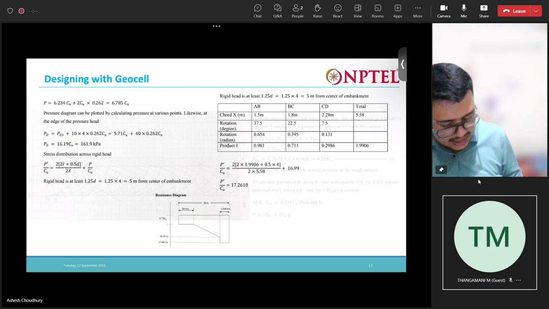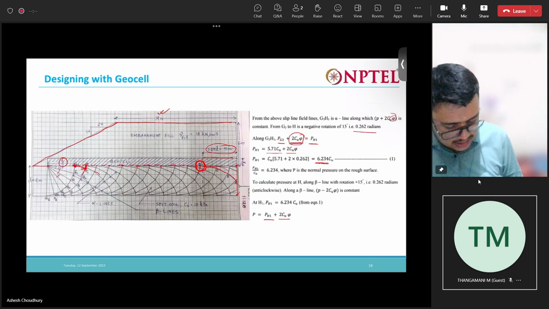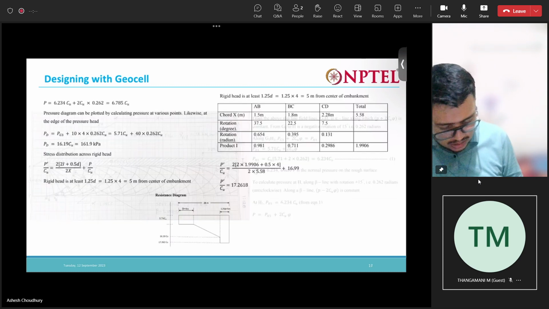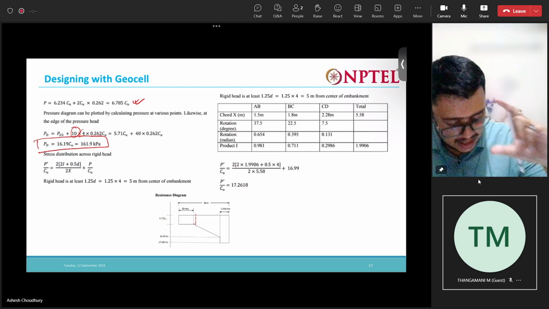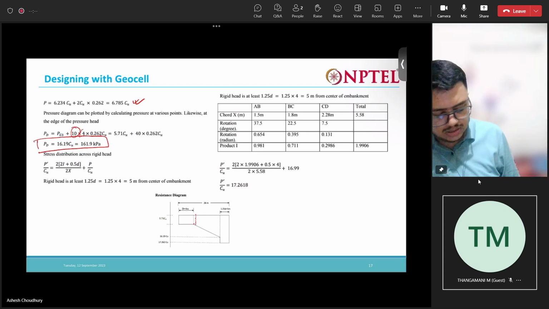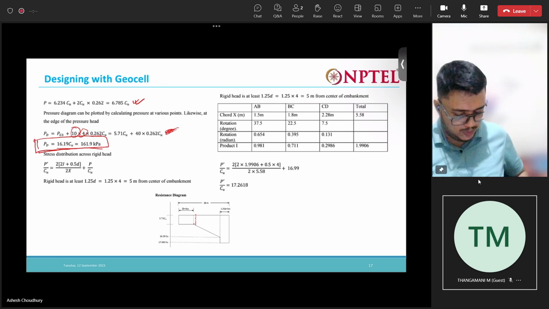G3 they have added 10 times, I understand. This is 10 jumps times 4 they have done. I think the 4 they have done for this depth, height times twice. So this is not that clear to me, so leave it. Finally at D point we get the stress as 16.19 Cu.